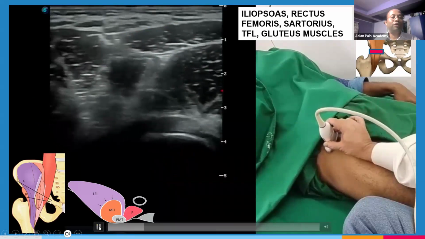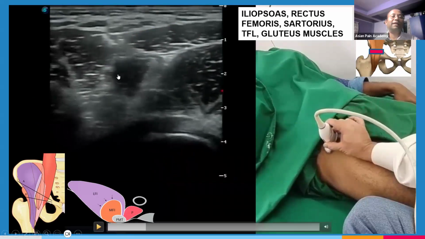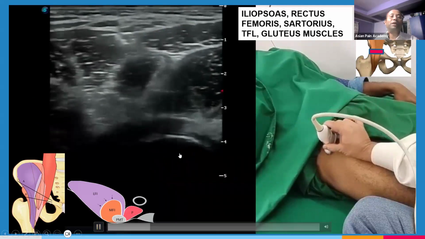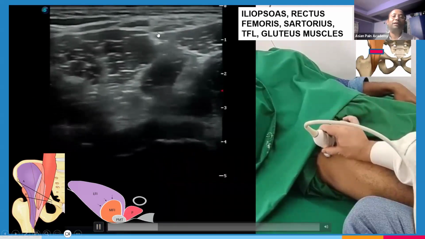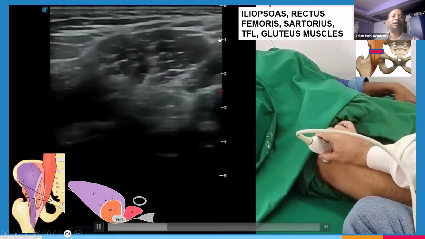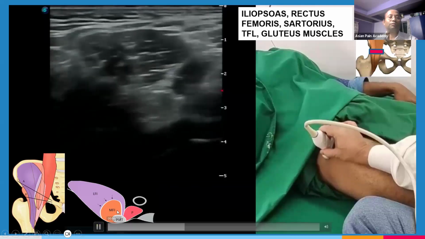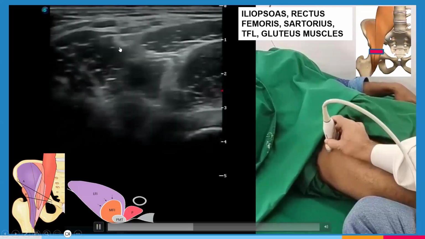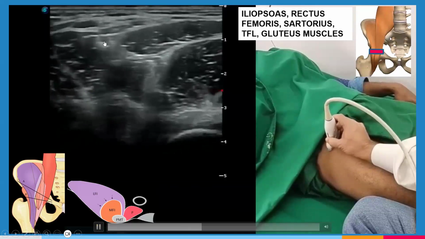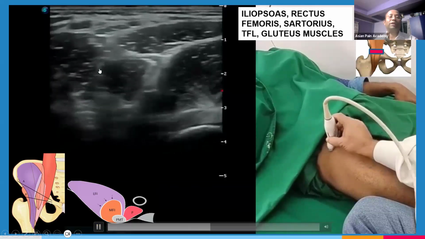We know that this rectus femoris will insert in the anterior inferior iliac spine, and these two muscles, tensor fascia lata and sartorius, they will insert where? Anterior superior iliac spine. Are we seeing something here? Yes, this is the area for the lateral femoral cutaneous nerve.